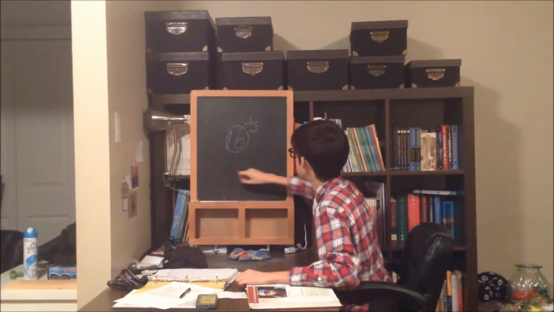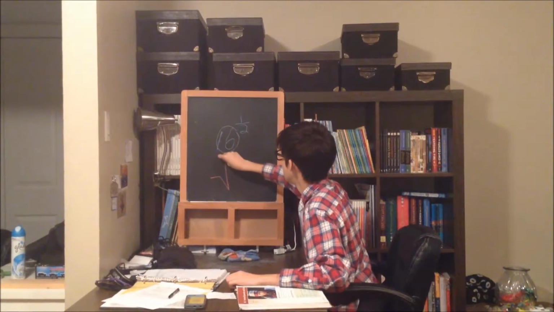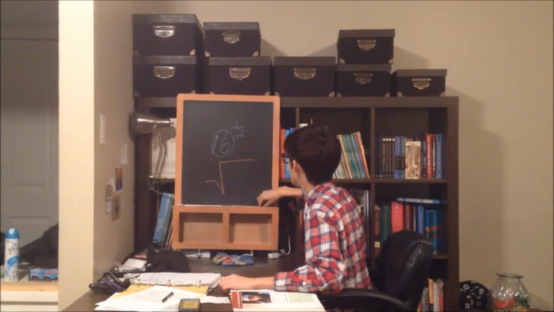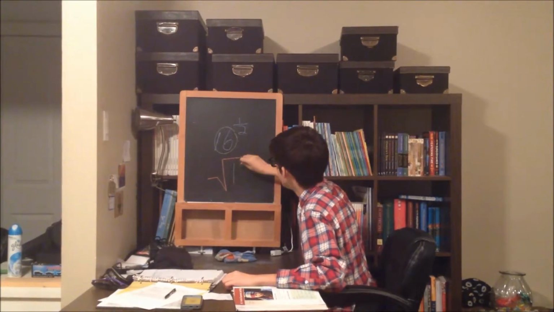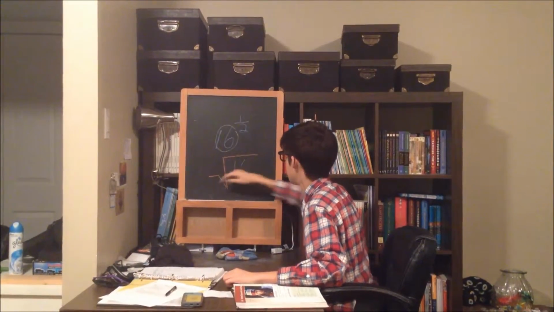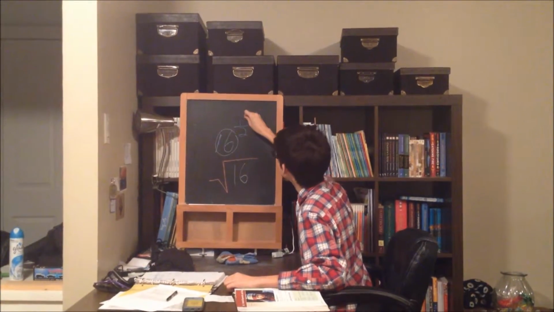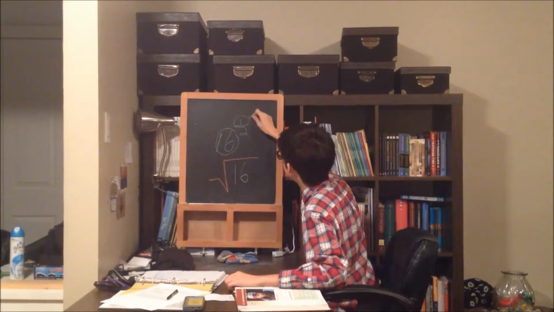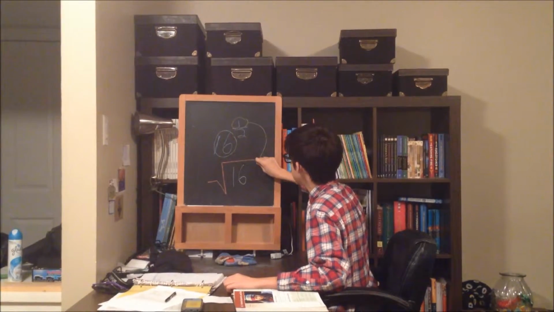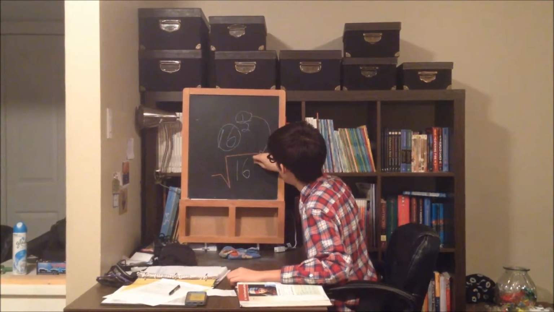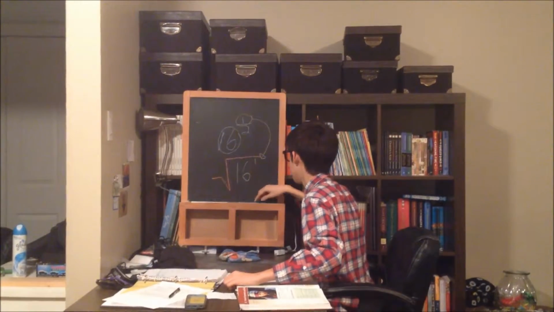So what you're going to do is draw the square root sign. 16 over here is your base. And this number on top, the numerator of the exponent, it's going to go down here, and it's going to be the exponent for the base, 16. So you put 1 right there.